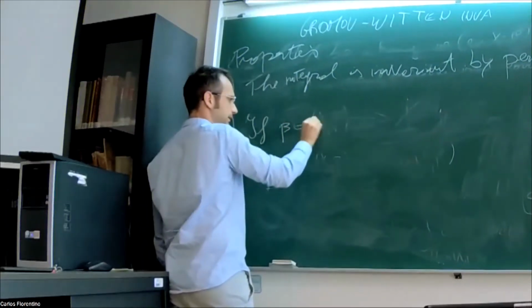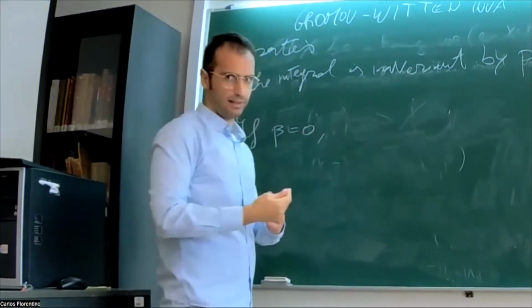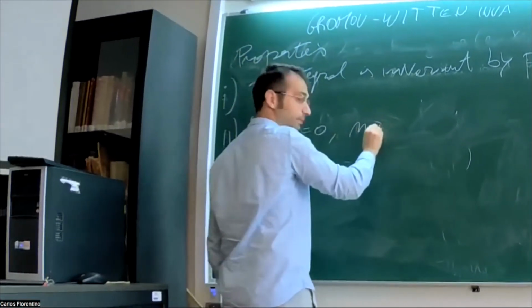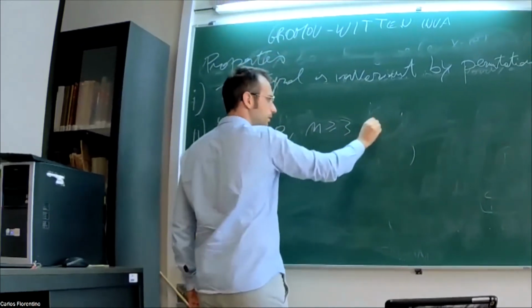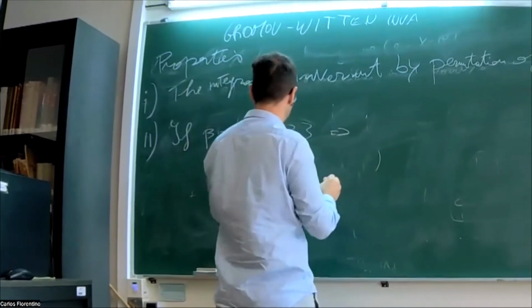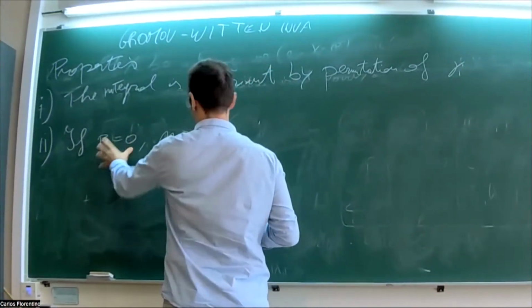If beta is 0, clearly n must be at least 3. So this is implied by this.